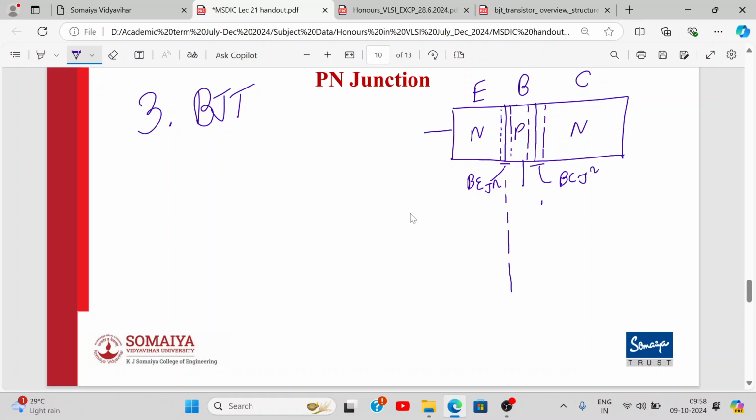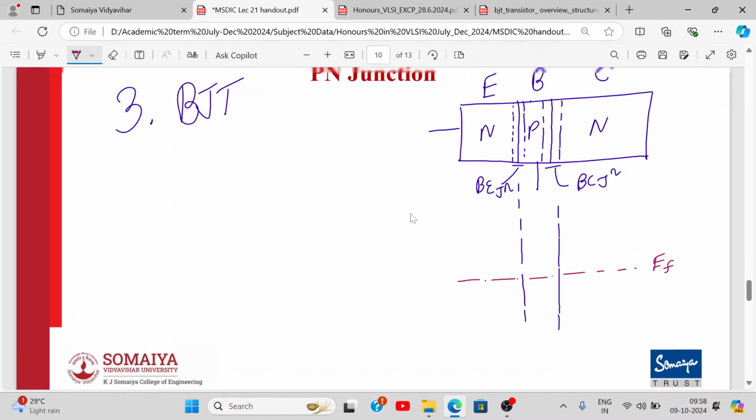And now you know what we have to do? We have to determine the energy band diagram for it at zero bias. So for that, we first consider a Fermi level which is constant throughout. Yes or no? And then what do we do? For the N region, where is my conduction band?